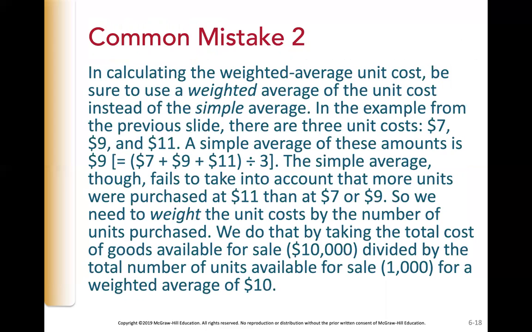The simple average, though, does not take into account that we purchased 600 units at $11 and only 100 units at $7. So please make sure to weight the unit cost by taking the total cost of goods available for sale and dividing it by the total number of units available for sale to get your weighted average of $10.